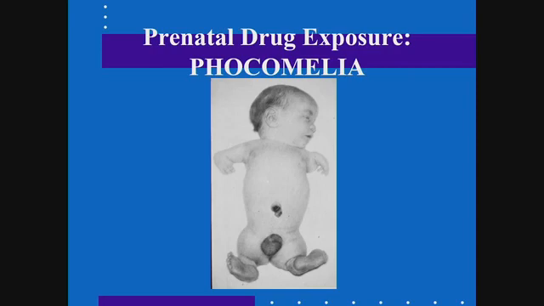This led to an epidemic worldwide of phocomelia, children born with severe defects in terms of their limbs, and of course this is a very unfortunate outcome of the use of that drug in pregnant women.